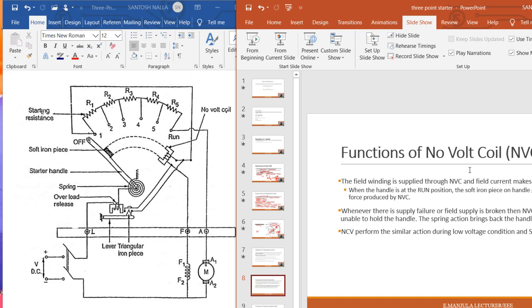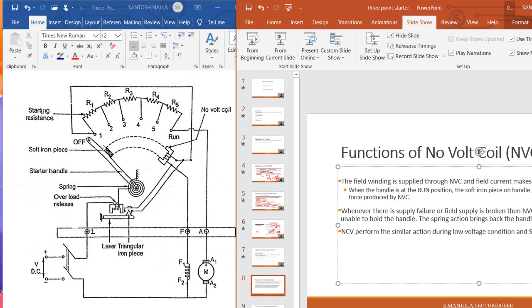The function of no volt coil. See, here we'll see again clearly. The field winding is supplied through NVC and field current makes it an electromagnet. When the handle is at the run position, the soft iron piece on the handle gets attracted by the magnetic force produced by NVC.